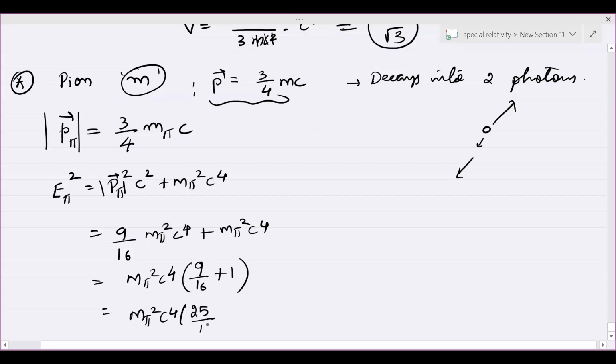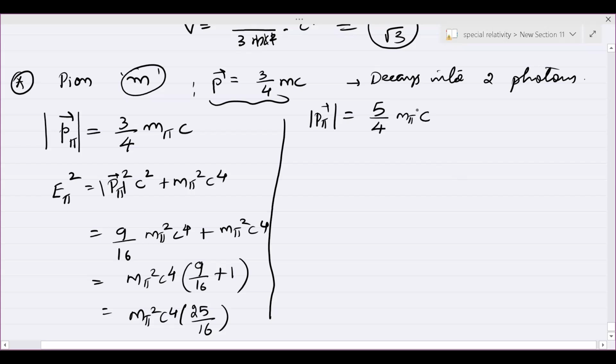Now just take the square root. So you get the energy of the pion, which is equal to 5 by 4 m pi c square.